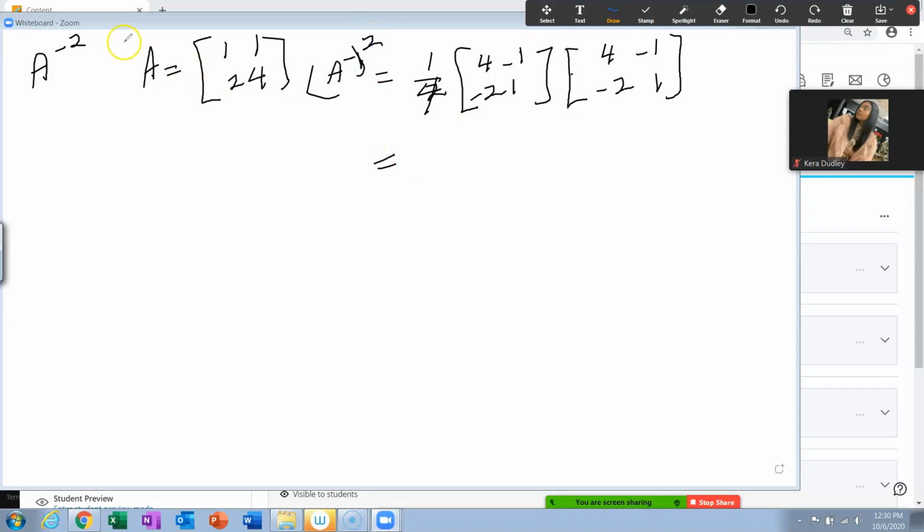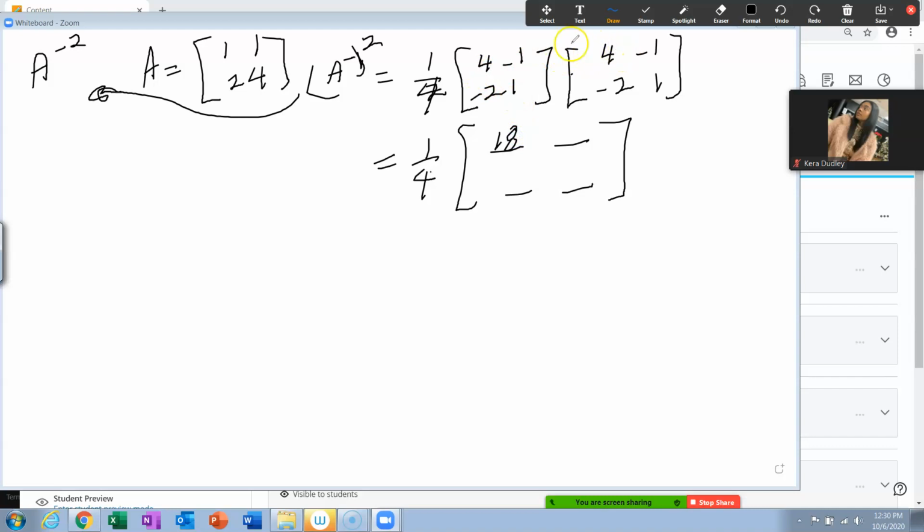So it'll be 1/4 of, okay, this will be a 2 by 2 matrix. 4 times 4 is 16, plus 2 is 18. 4 times minus 1 is minus 4, minus 1 is minus 5.